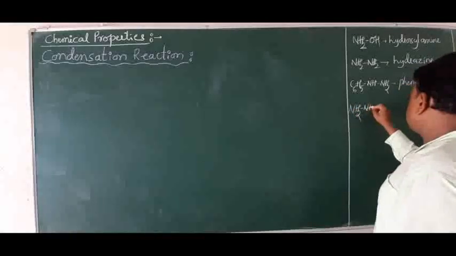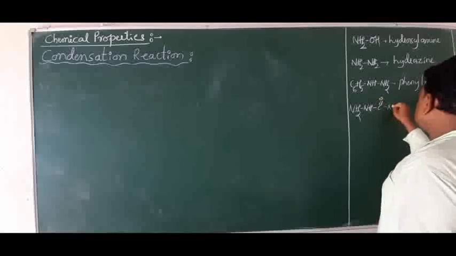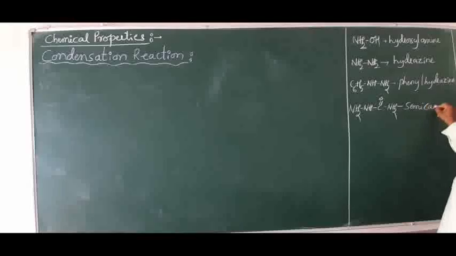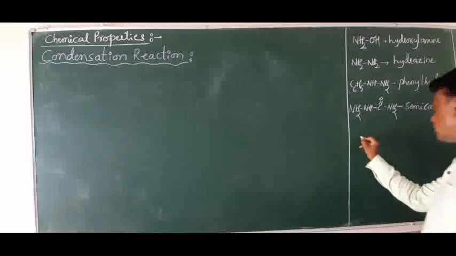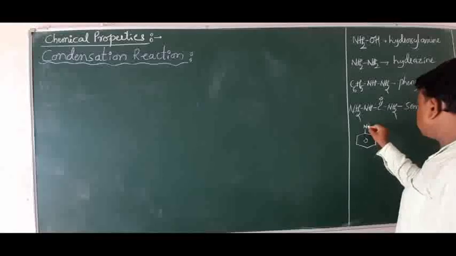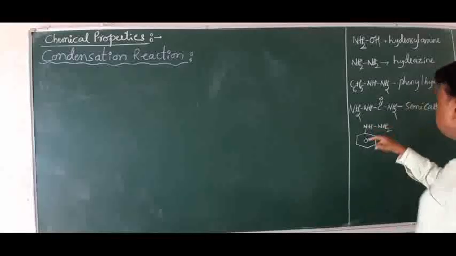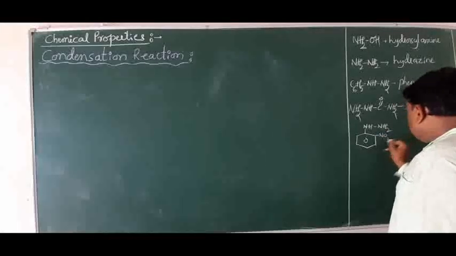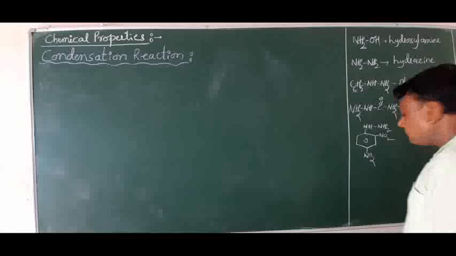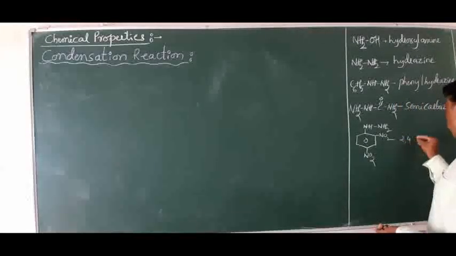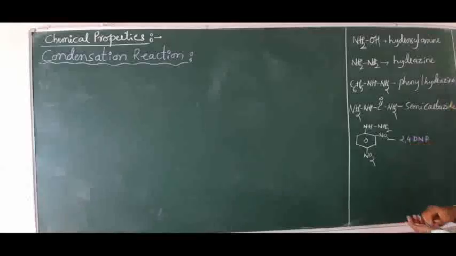Next is NH2NHC(=O)NH2, the name of this compound is semicarbazide. The next one is phenylhydrazine, as we already know, with two nitro groups at the second and fourth positions. The shortcut name of this compound is very important: 2,4-DNP.